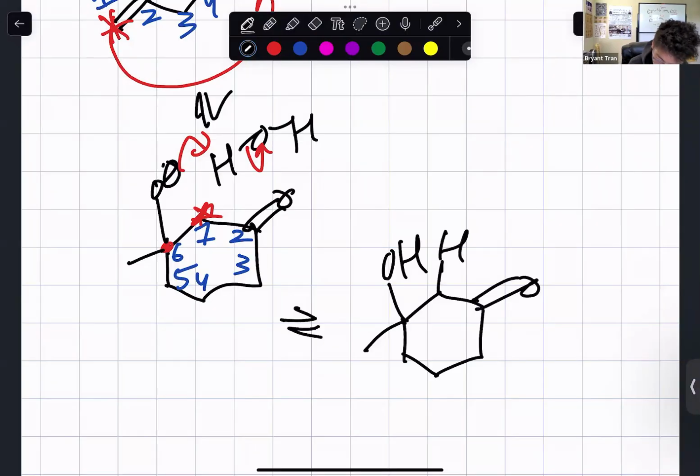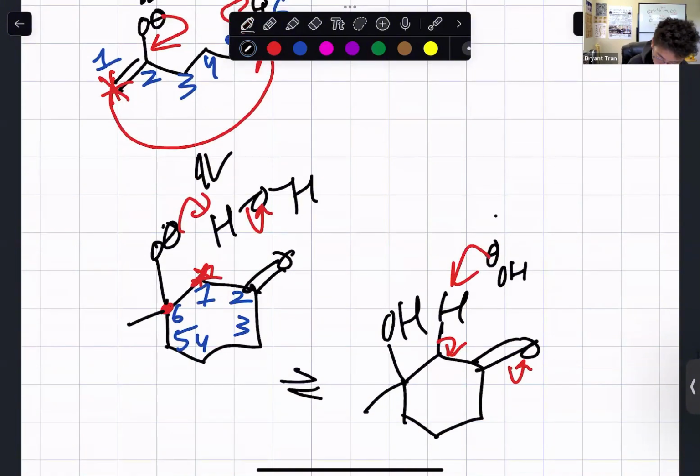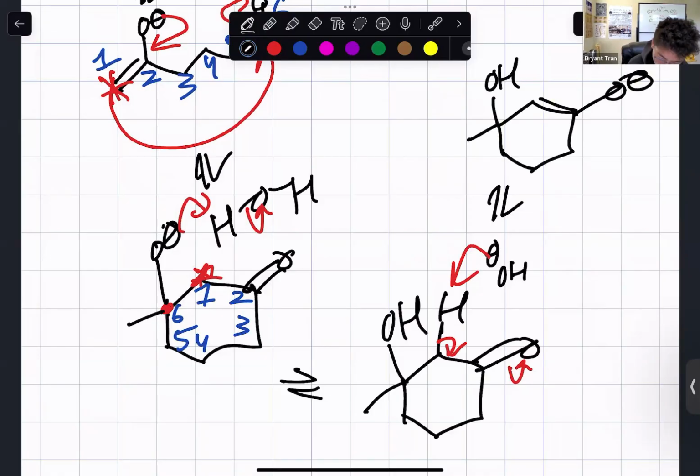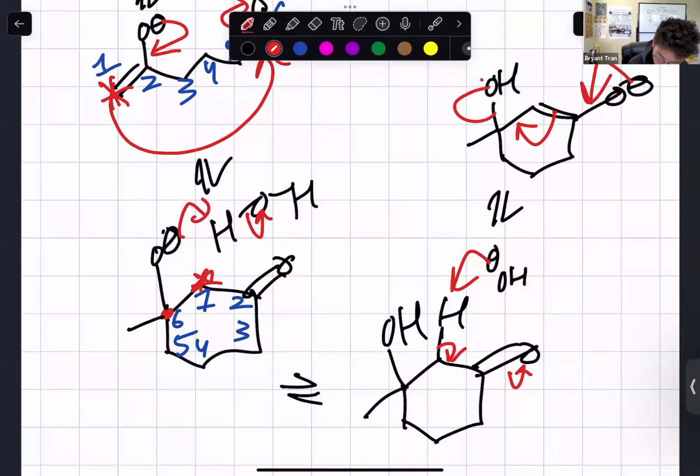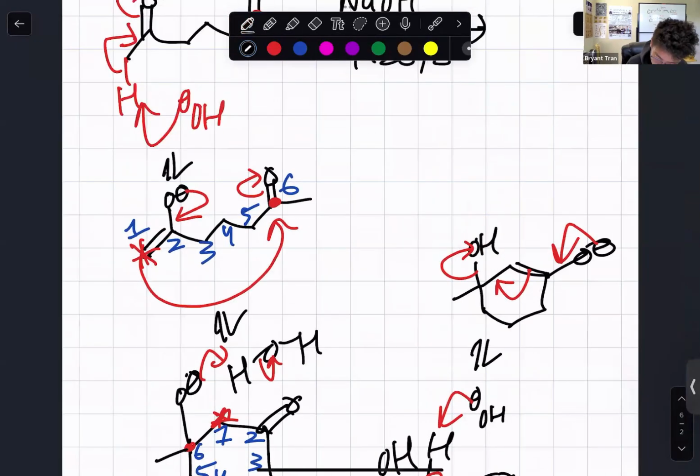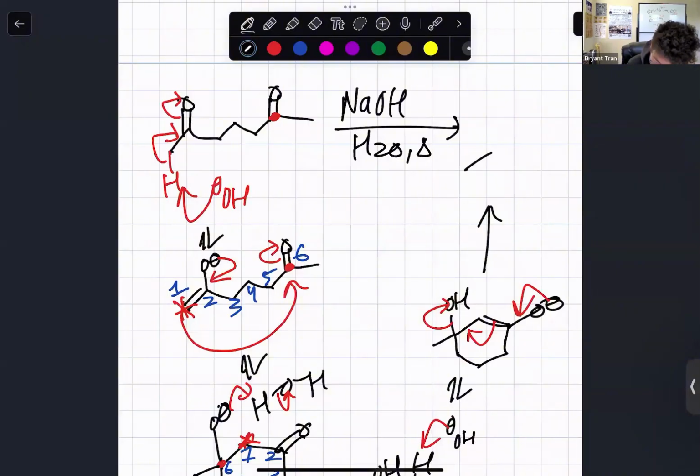But because we have an alpha proton between the carbonyl and alcohol, we're going to generate the enolate ion again, right? And prepare to kick out the OH irreversibly. Now we're going to reform the carbonyl. We're going to shift the double bond over there and kick out that OH irreversibly to give us our alpha beta unsaturated carbonyl.